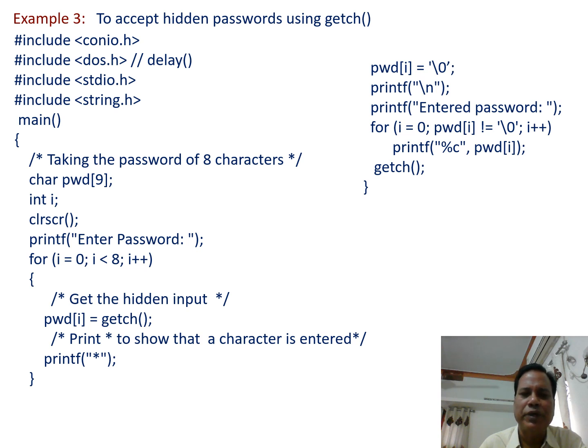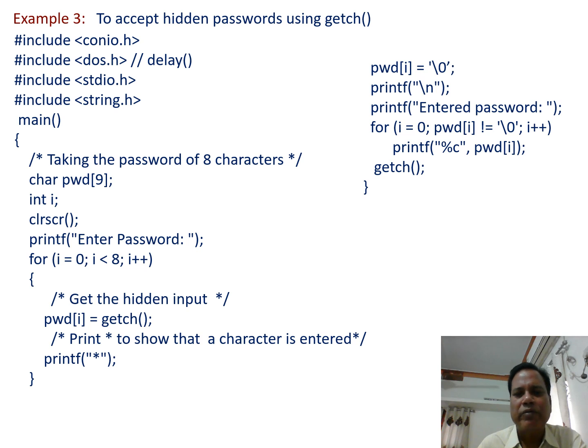So pwd[i], with i equal to 0, indicates the first character in the character array. And what would be this first character? That is taken in from the getch function. So when any key is pressed, that is taken in by the getch function and is stored as the first character of the character array.